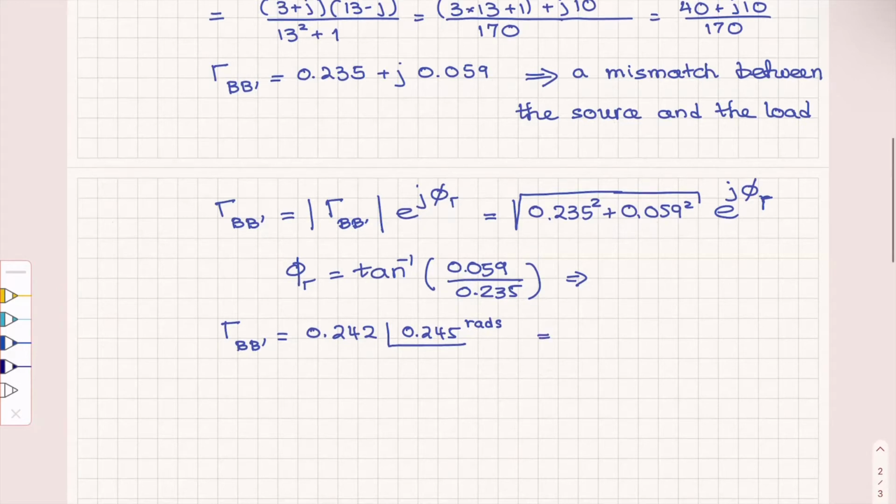So it is 0.242 and 14 degrees. Okay, why did I write it like this?